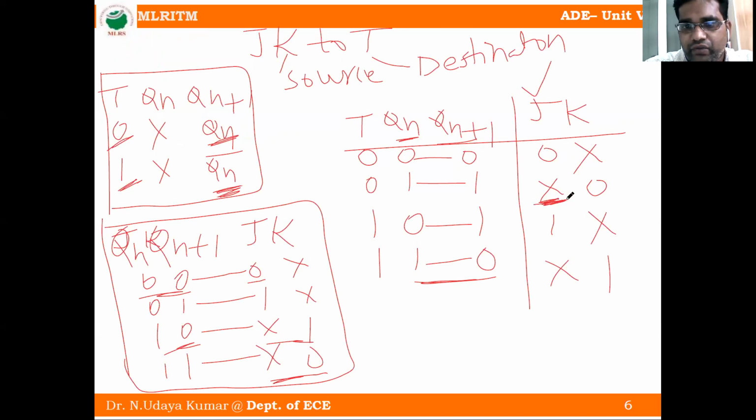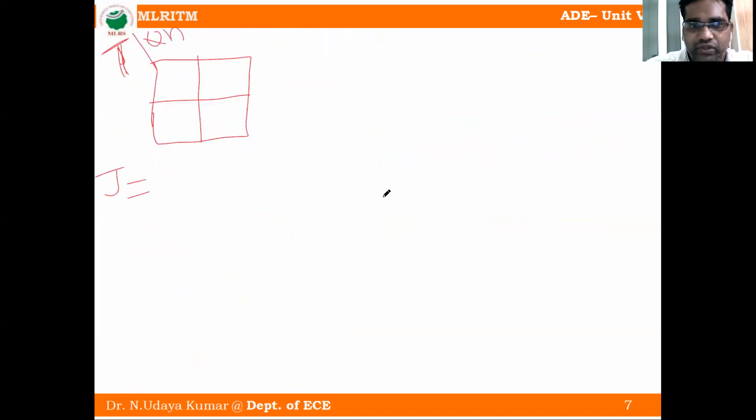Don't care occurs whenever T is equal to 0 and Qn is equal to 1. T is equal to 0 means first row, Q is equal to 1 means this one. So we will get here don't care.